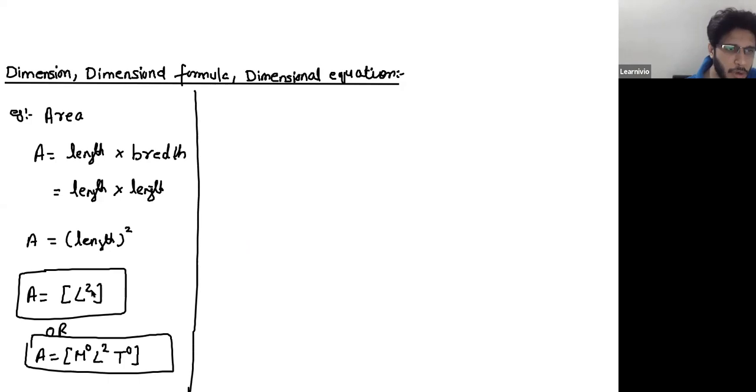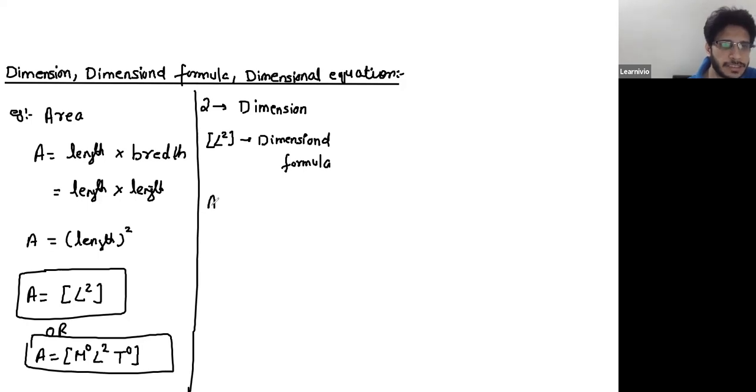Now this power of length that we are using, this power 2, is the dimension. This L square, the fundamental quantity raised to its power, is known as the dimensional formula.